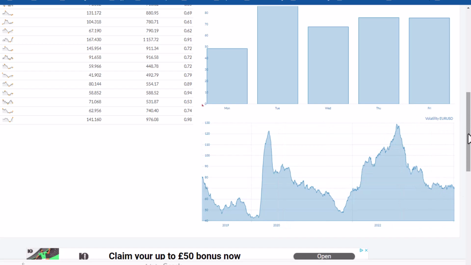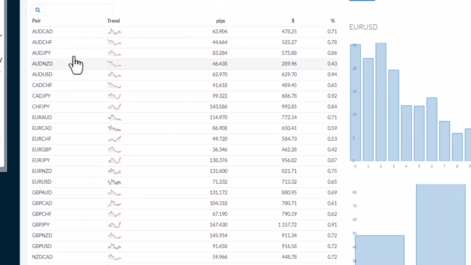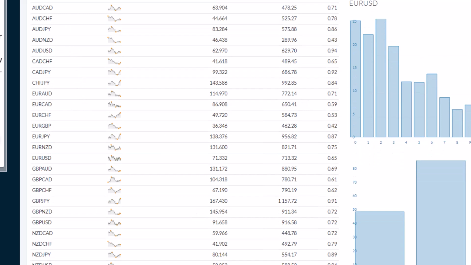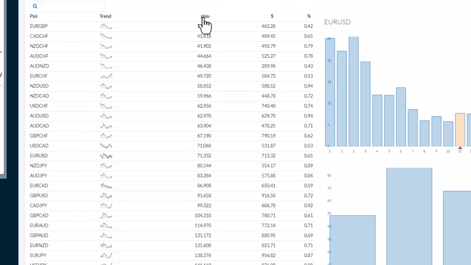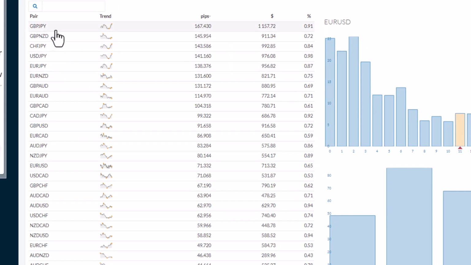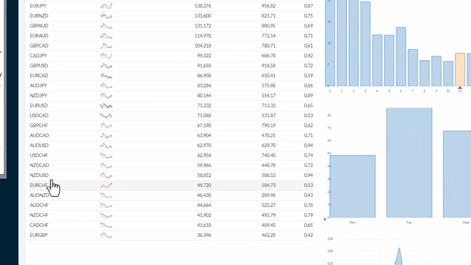But essentially what happens here is you have a table like this that is supplied by MATF, and what you can do is you can sort it very nicely. So you can actually tell, for instance, the pound yen is by far the most volatile currency that there is, and so the strategy you would use to trade the pound yen is more a with the trend type of strategy, and the strategies you'd use for the currencies with the lower volatilities are bounce strategies, because they don't actually travel that much, but they like to bounce.